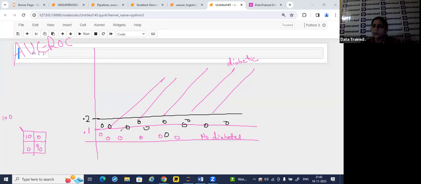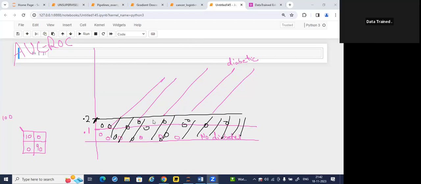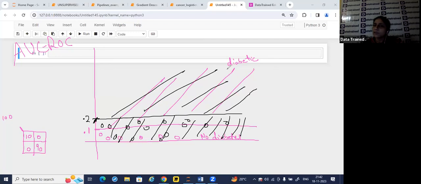All the data which is below 0.2, this zone, says that the patient is non-diabetic. The patients who are coming below the 0.2 threshold are non-diabetic people. They do not suffer from any diabetes. And the remaining 80% of people above, they are suffering from diabetes.